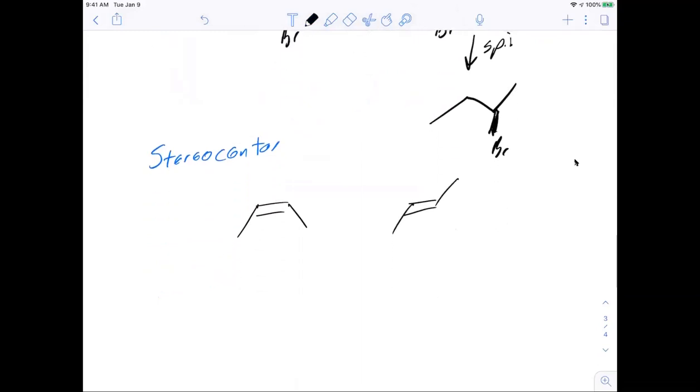If we look at these two, they have the same connectivity, but they do not have the same spatial arrangements. This one over here, they're both on the same side. This one is known as a cis. So this would be cis 2-butene. That is a stereoisomer of trans 2-butene.